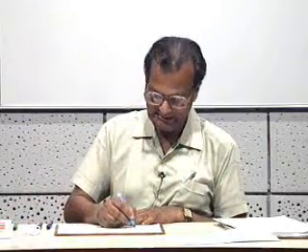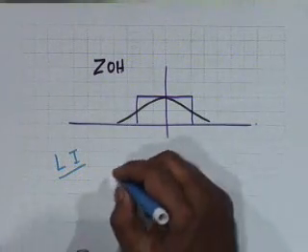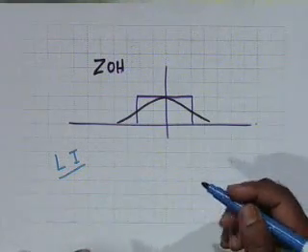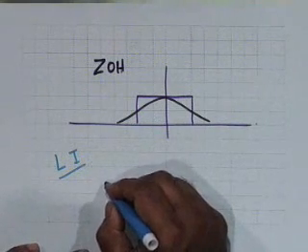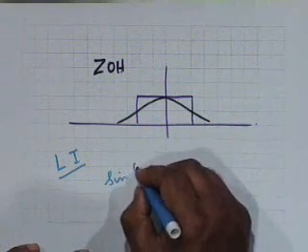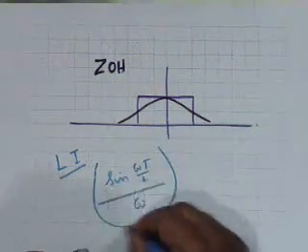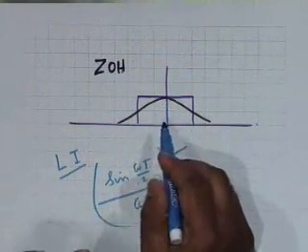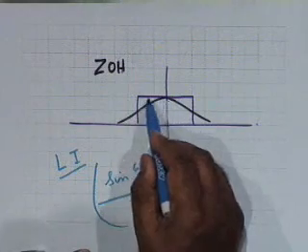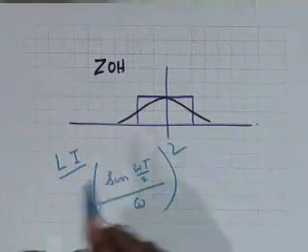On the other hand, if you take a linear interpolator, it can be shown, you can easily show this, that it's a triangular form, a linear function, and the frequency response is of the form sine omega T by 2 divided by omega, whole squared. What does it mean? It means that the slope of cutoff, that is the decay, will be steeper.